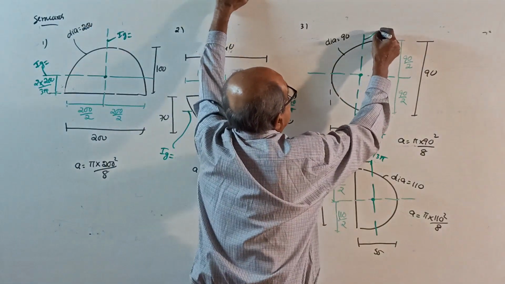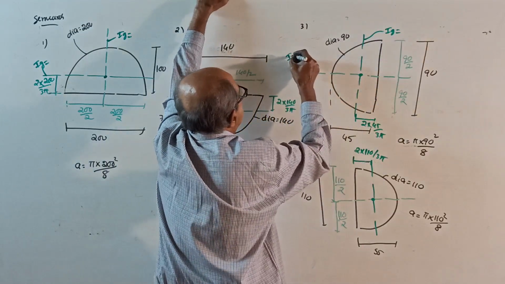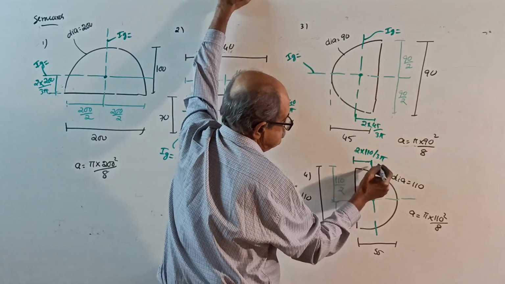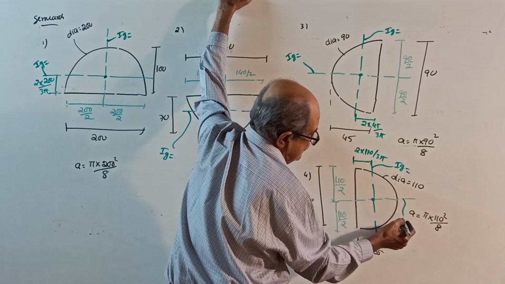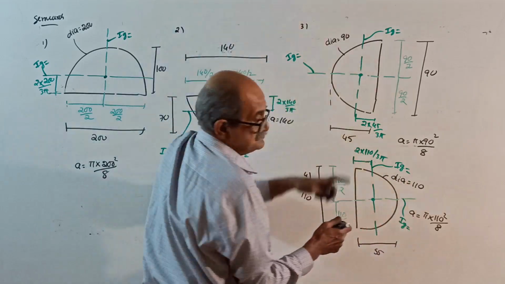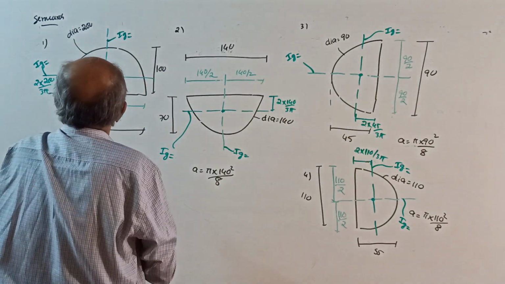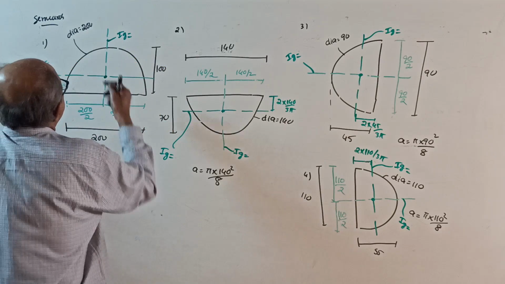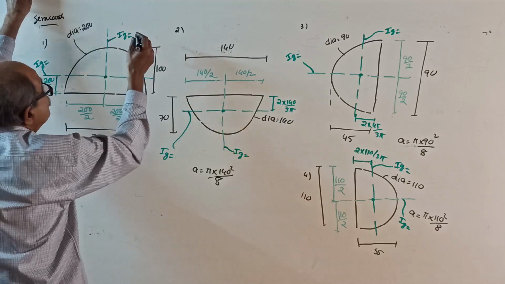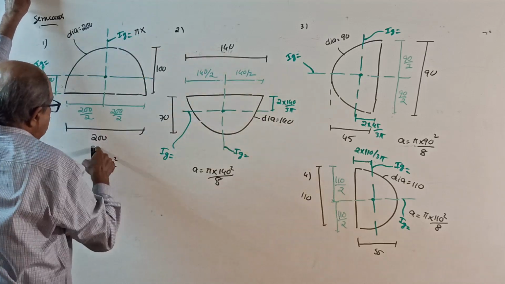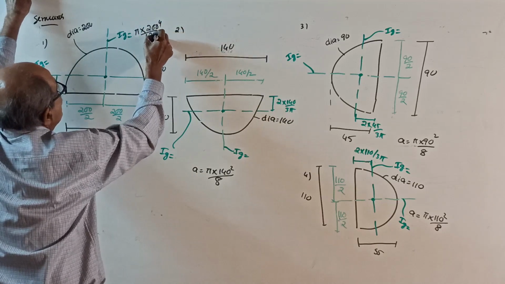We want this Ig and also this Ig, this Ig and this Ig. See, correct what I am doing. This Ig, symmetry. So, half of circle, pi into 200 power 4 by 128.